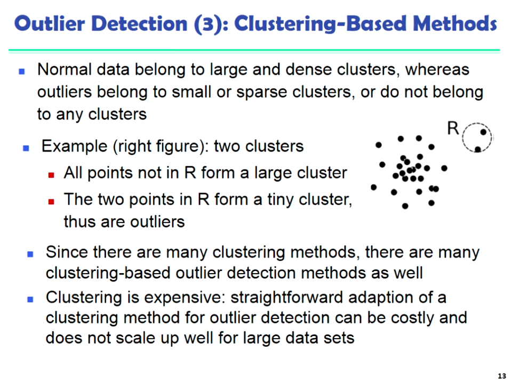For example, here in the right figure we have two clusters. All points not in R form a large cluster, and the 2 points in R form a teeny cluster. These are outliers.